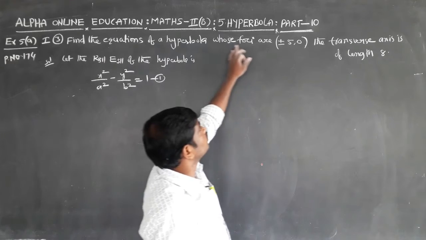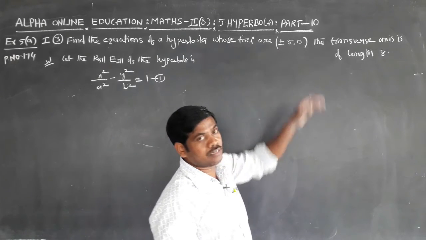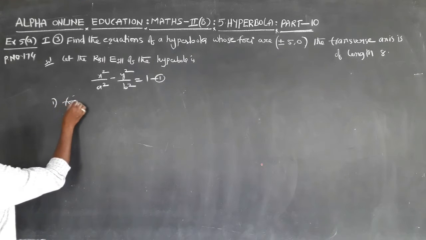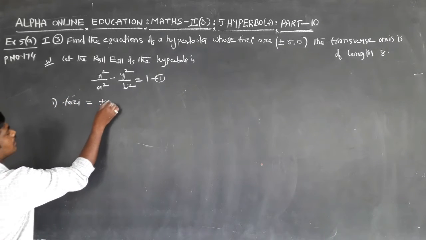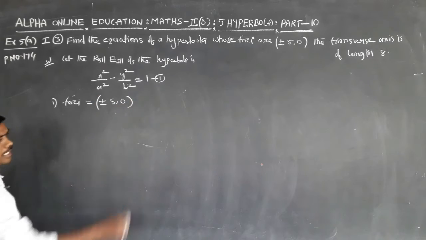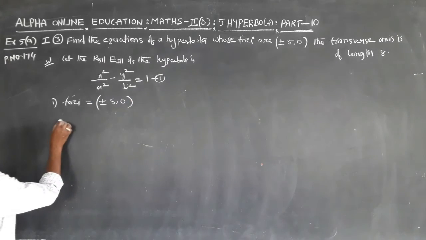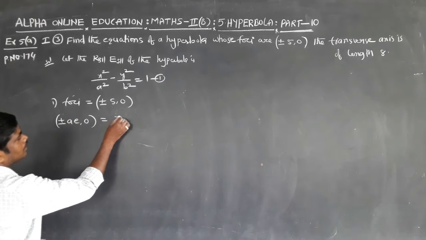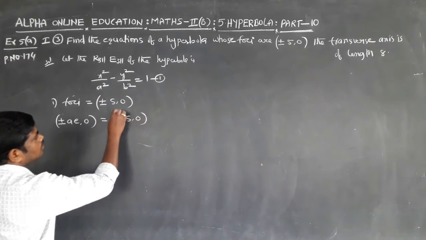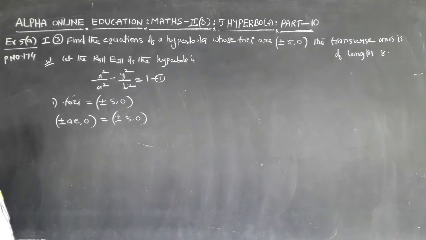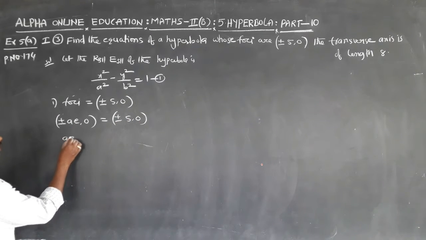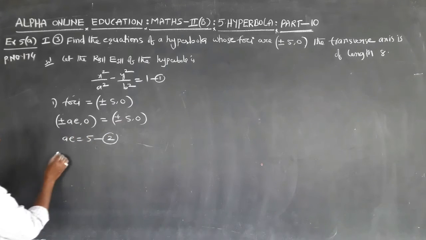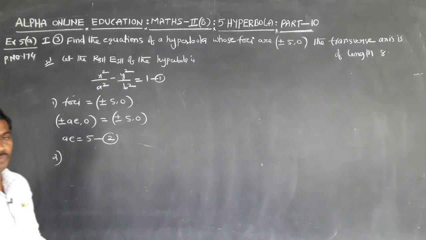Given that the foci are (±5, 0). Foci means (±ae, 0) = (±5, 0). So here ae = 5.